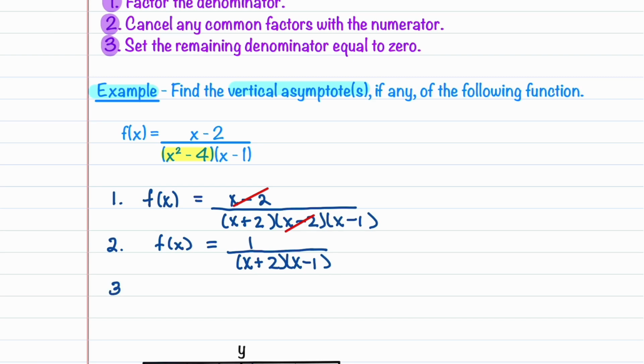The third step is that we are going to set our new denominator equal to 0 and solve for x. So we have x plus 2 times x minus 1 is equal to 0, and that gives us x is equal to minus 2 and x is equal to 1. And those are the vertical asymptotes.